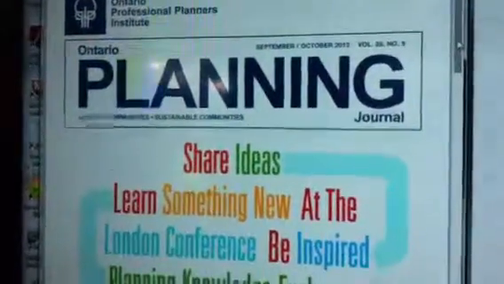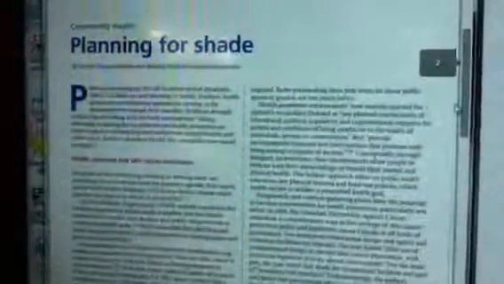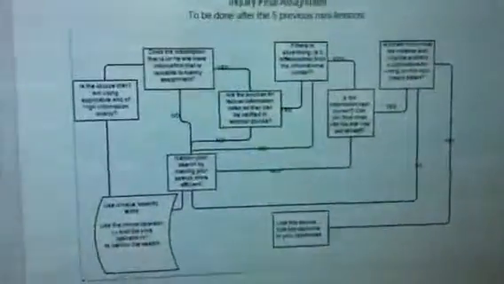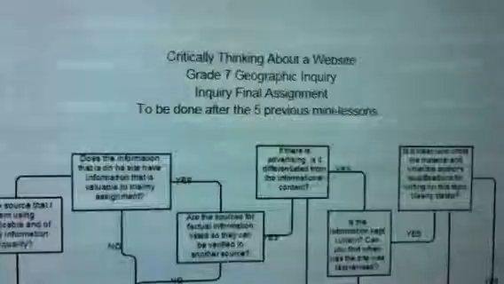And it's a journal article to do with Toronto, planning for shade. Doing this numerous times and then referring back to this chart will help them come up with websites that they can critically think about and answer inquiry questions. Thank you.